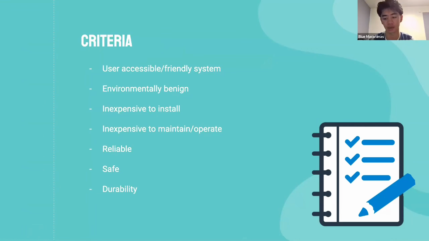Should be reliable measures the consistency and dependability of each prototype's performance over time, ensuring that it functions as intended without frequent failures or breakdowns. Should be safe and durable, and that's mostly self-explanatory: no frequent breakdowns, and should not be harmful to its users. Next slide, please.